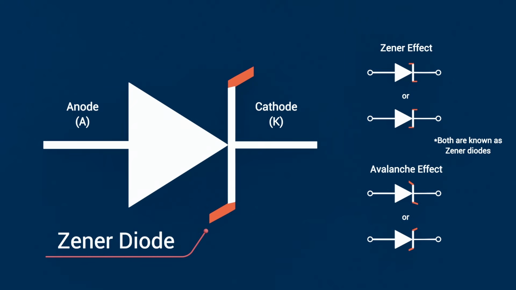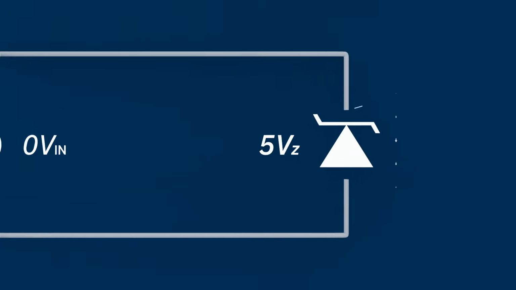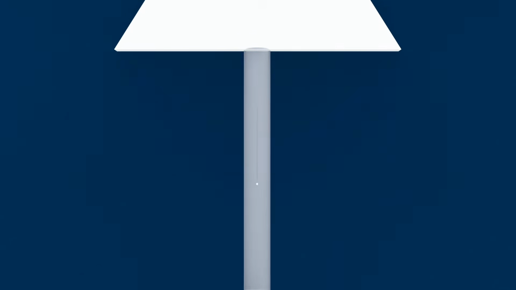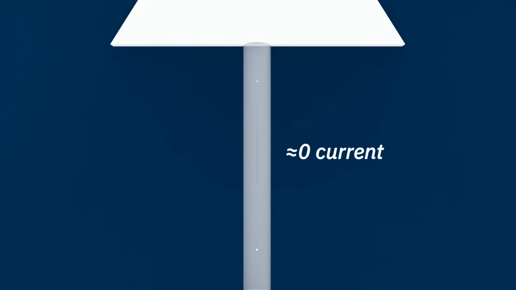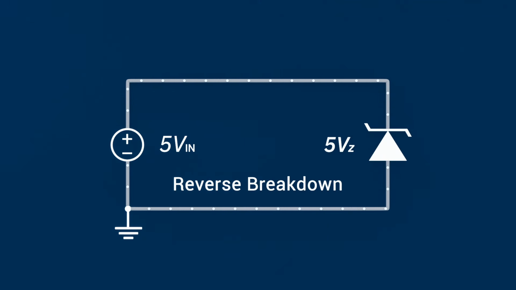We can visualize how a Zener works by using a basic circuit. We have a voltage source and we connect a Zener diode in reverse bias. The cathode goes to the positive side and the anode goes to ground. At first, when the diode is reverse biased at low voltages, the current is extremely small, limited pretty much only to leakage through the junction. As the reverse voltage increases, the electric field across the junction strengthens until a critical point is reached where the diode enters reverse breakdown.